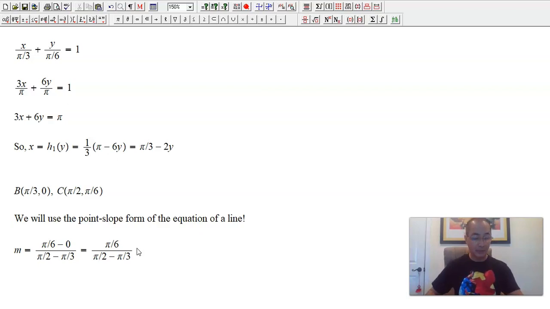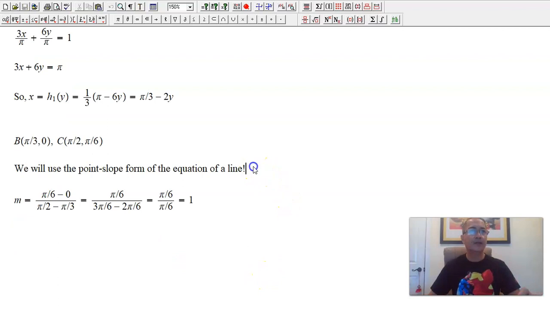So that's 3 pi over 6 minus 2 pi over 6. Is that right? And so, what do we get? Pi over 6 over pi over 6 also. Wow. So therefore, the slope of BC is just 1.